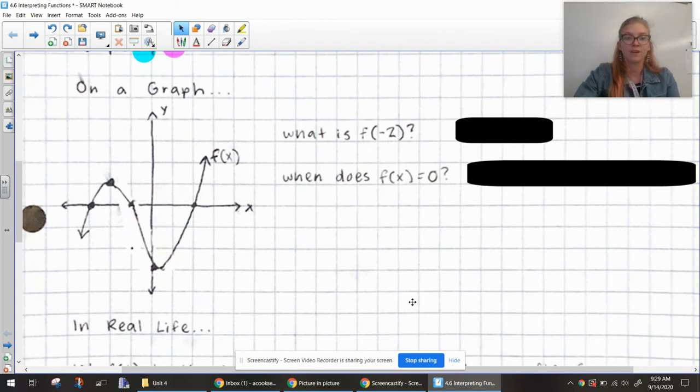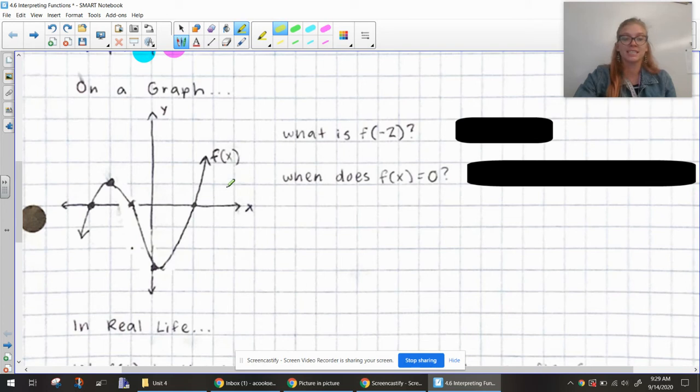Now let's look at a graph. So here's a function on the graph. This is a cubic function because it's got these two little swoop-de-doos. So our first question, what is f of -2? Well, -2 is our input, so it's our x value. So we're being asked, what is the function of f at x equals -2?